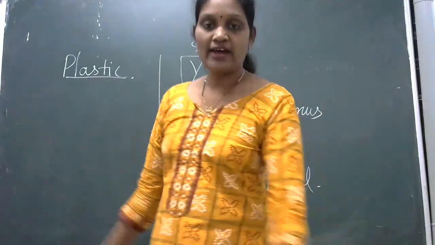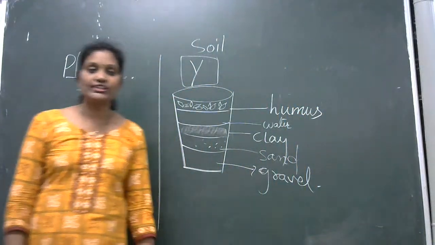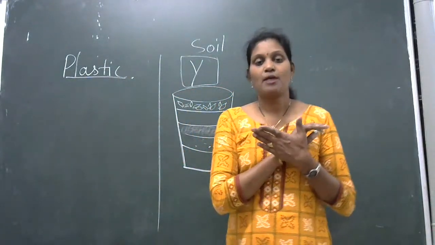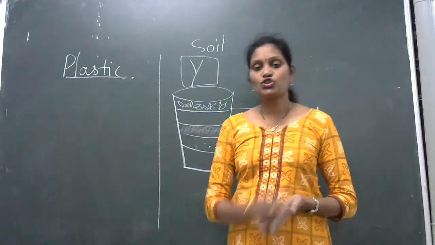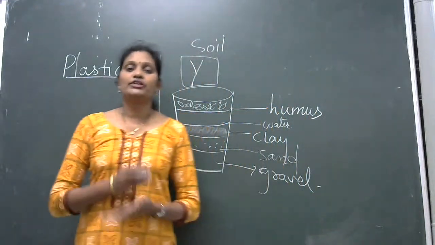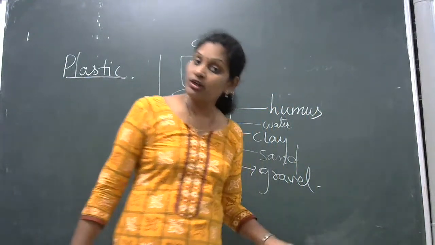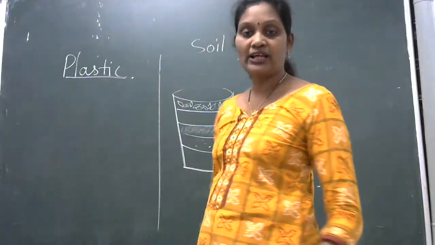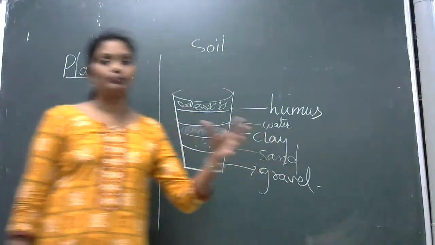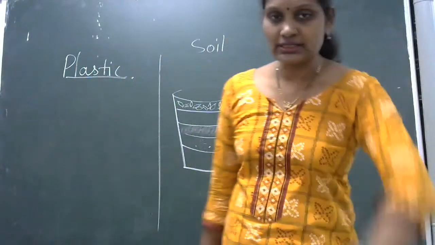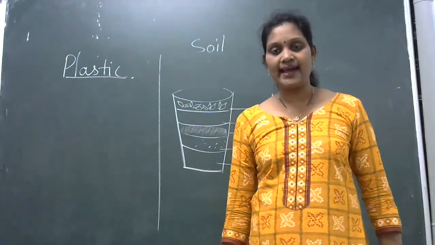Everybody. We have already discussed yesterday, isn't it? So plastic is harmful, plastic destroys the soil, it also decreases the fertility, it decreases the microorganisms, and lastly, can you tell me what is the property of the plastic? Can anyone tell the property of plastic?